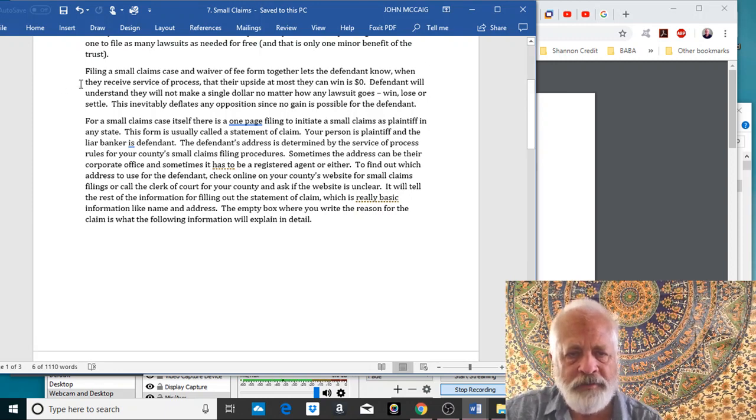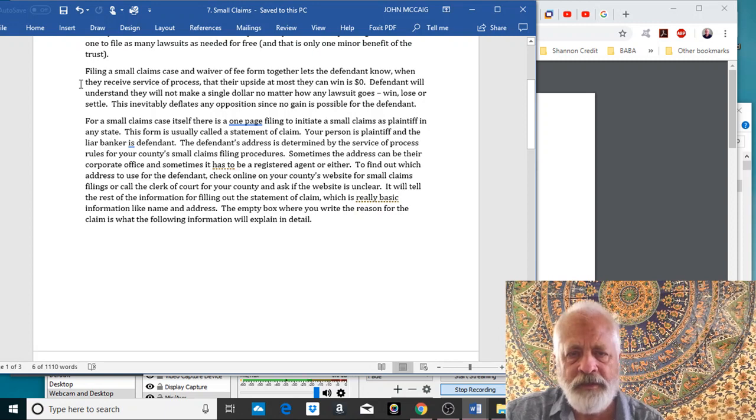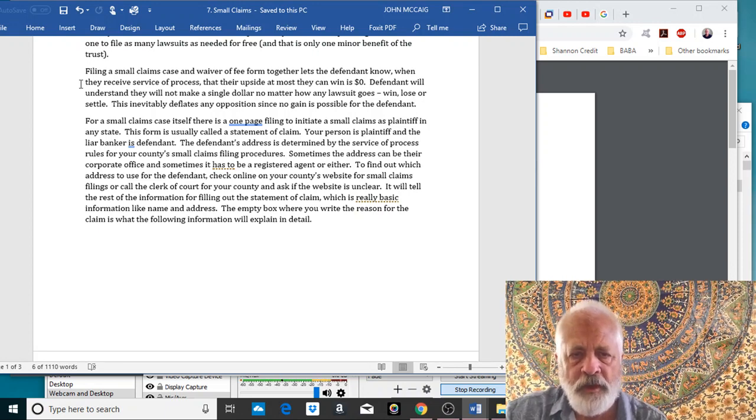Filing a small claims case and waiver of fee form together lets the defendant know, when they receive service of process, that their upside at most they can win is $0. The defendant will understand that they will not make a single dollar no matter how any lawsuit goes, win, lose, or settle.